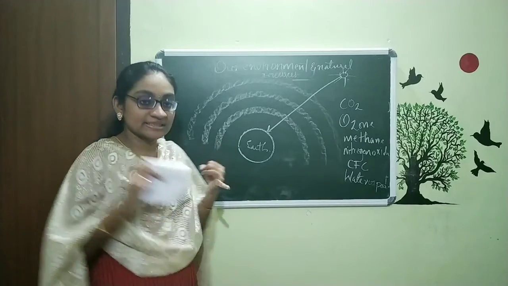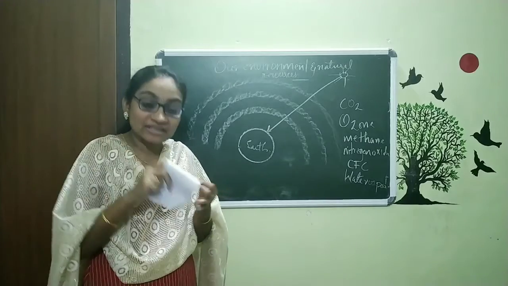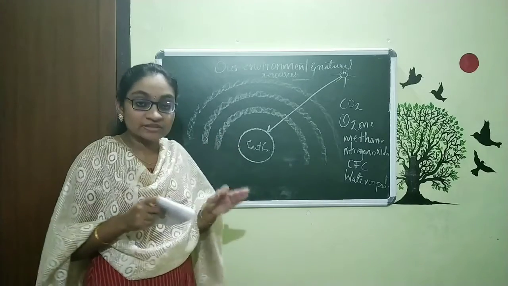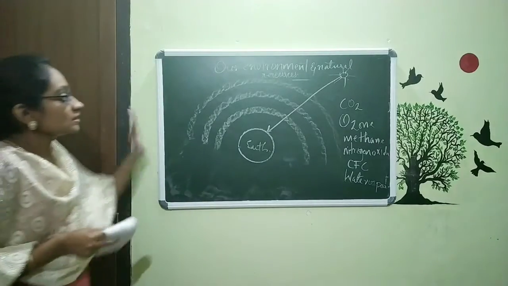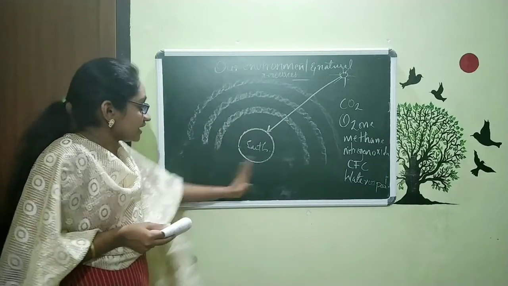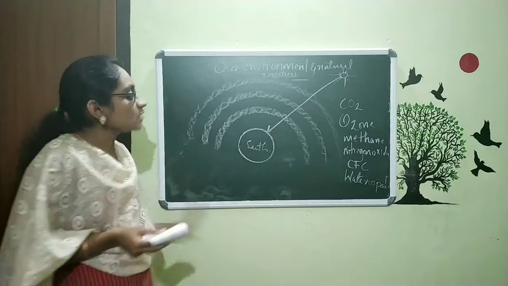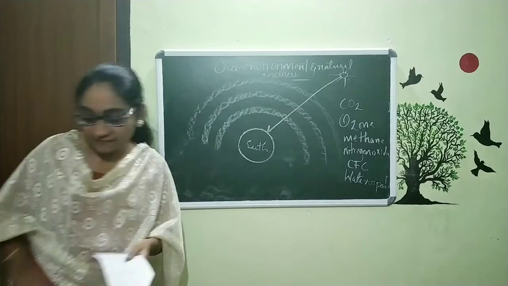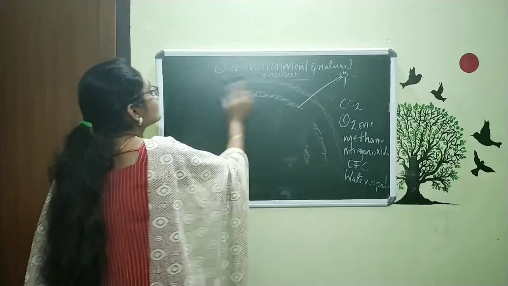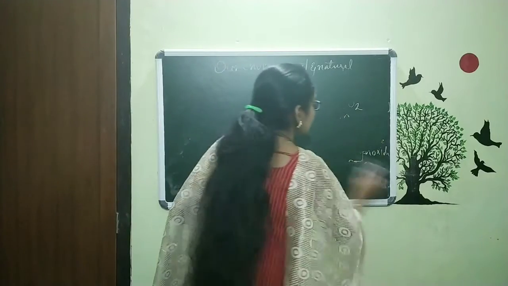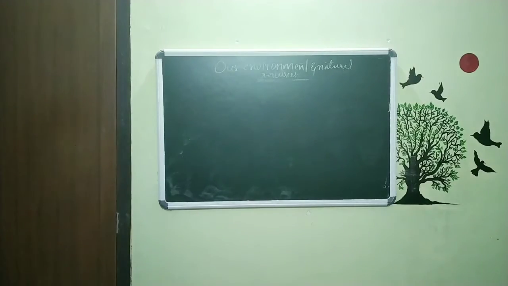So we can say within the greenhouse, that means the glass house, inside the car, at the surface of Earth, everywhere we can see the greenhouse effect. That means the temperature at the surface of the Earth is greater than the outer surface. The heat is not supposed to escape from the Earth's surface. That is simply how we can say it.